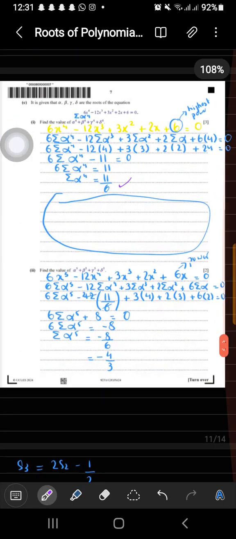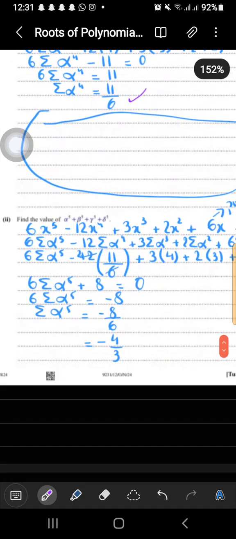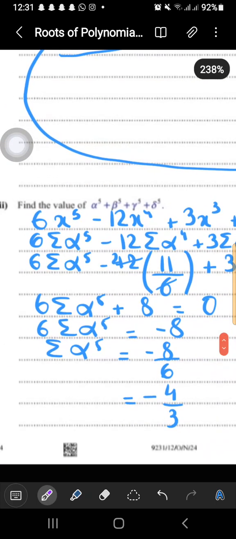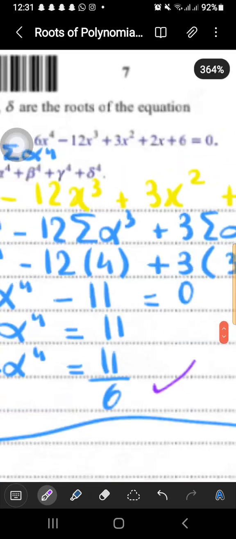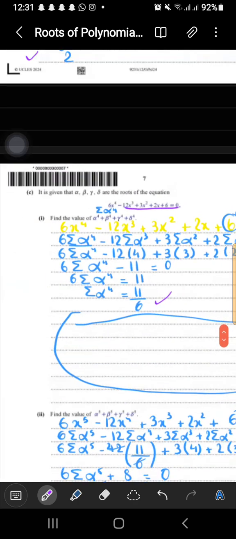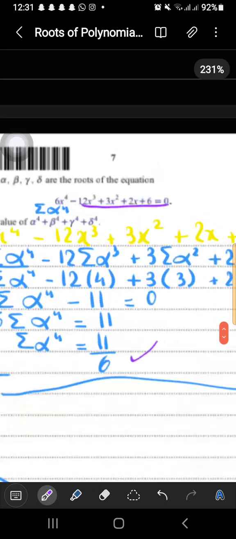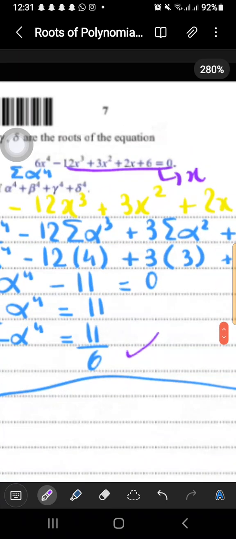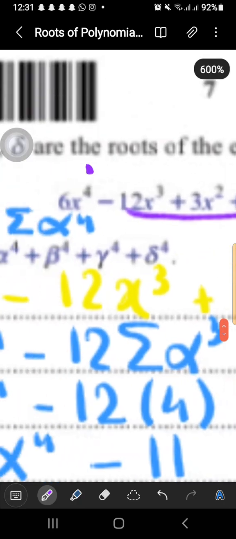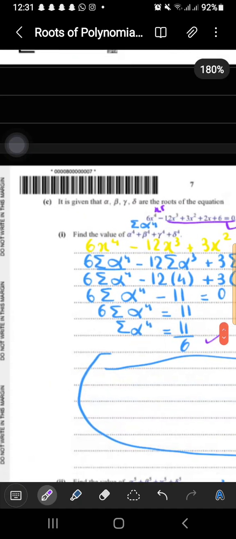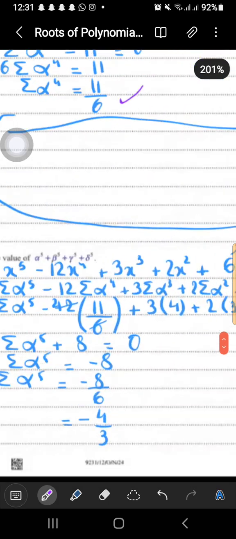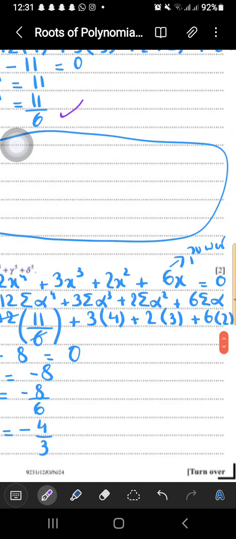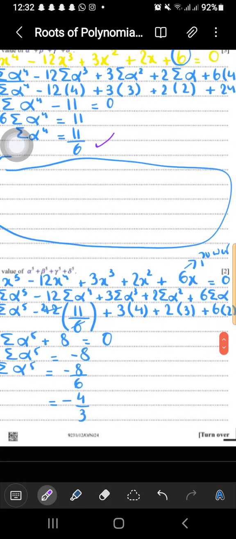Then we moved ahead to find summation of alpha power 5. We multiplied this whole equation with x, to make the highest power 5. The constant 6 also becomes 6x, so it is no longer a constant, and we will not multiply it with the highest power.